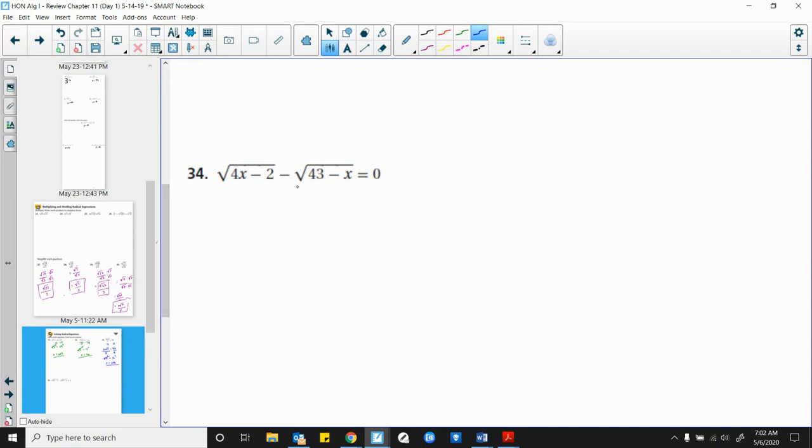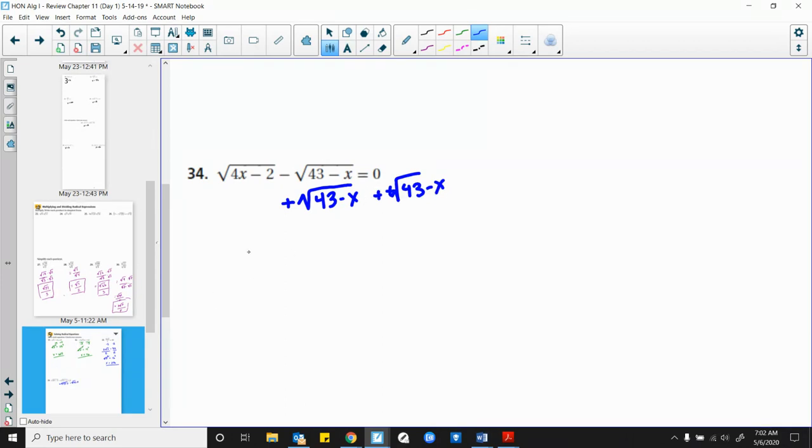The first thing I need to do is get radicals on opposite sides of the equal sign. So I need to add this radical 43 minus x on this side, and then I need to add this radical 43 minus x on this side. I'm sorry, not subtract, add.